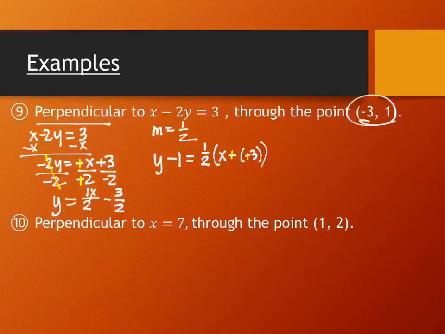Oh, I'm sorry, I made one mistake before I continue. My slope of the original one was 1/2, that's true. My slope then of my perpendicular is what? Sorry, I got a little carried away. Yeah, it's negative 2, or negative 2 over 1. Perpendicular lines. That's great. There's no fractions, right? Yay!